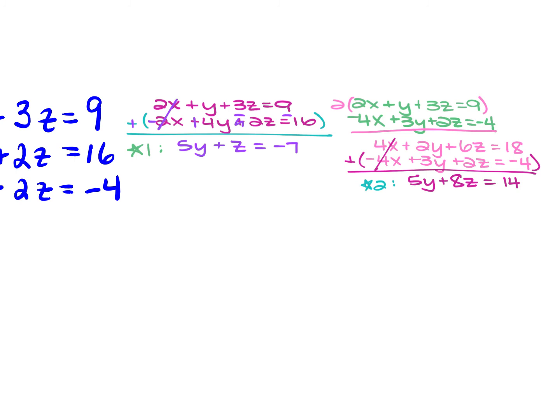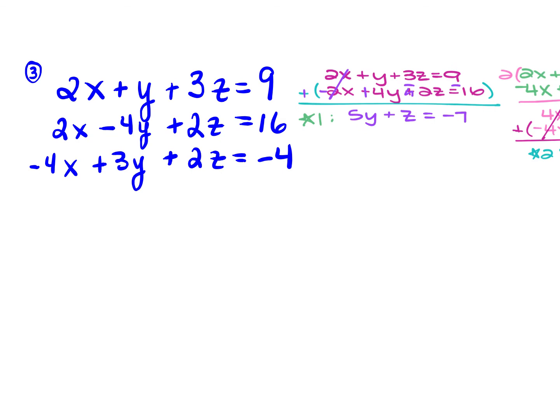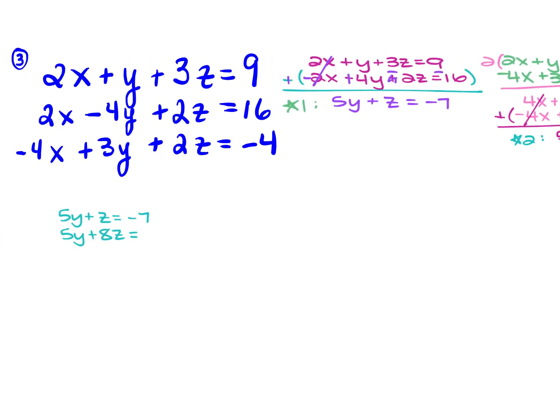Use both of these and cancel out one of the other variables. So if we use 5y plus z is equal to negative 7, and 5y plus 8z is equal to 14, we can just subtract these two or add your opposites.